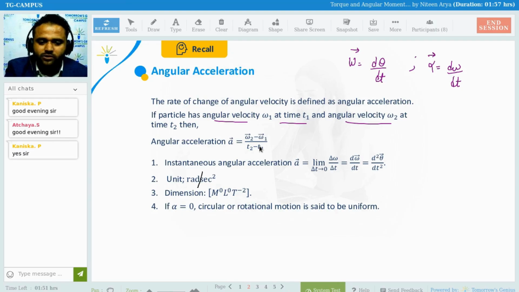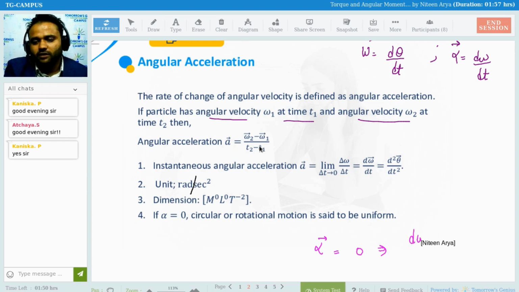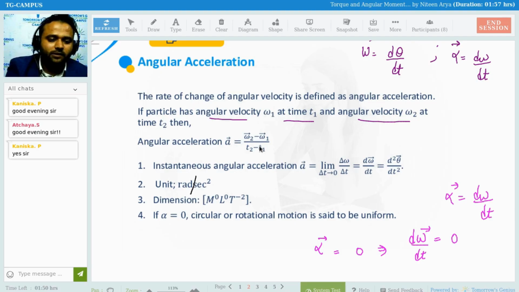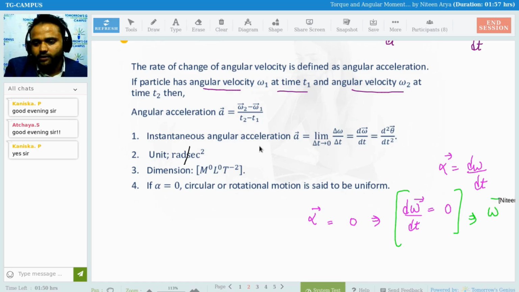If alpha is 0, then circular or rotational motion is said to be uniform. What does it mean? It is very easy to understand. If angular acceleration alpha is 0, then d omega by dt is 0. Clear? Because we know alpha, angular acceleration, is the rate of change of angular velocity. So if it is 0, it means omega is a constant.